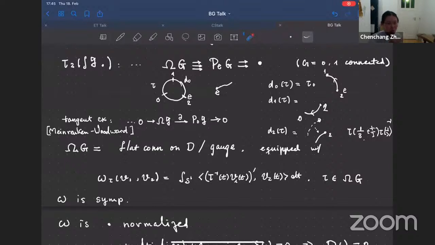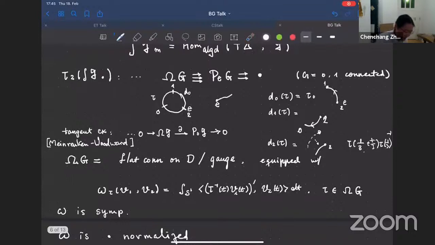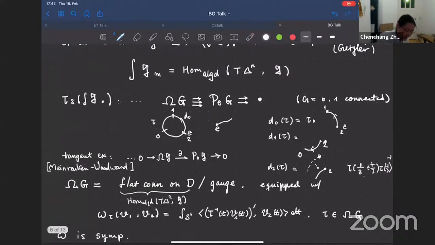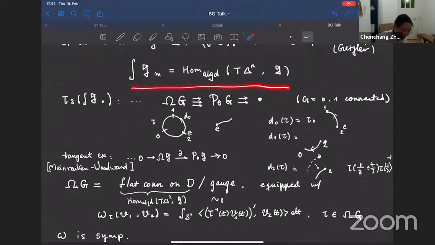So in the end, it should really be a 2-group, because over here, this flat connection on D is, see, it's these guys. It's the algebra. It's the second part, and the gauge exactly comes from the third level of this integration.